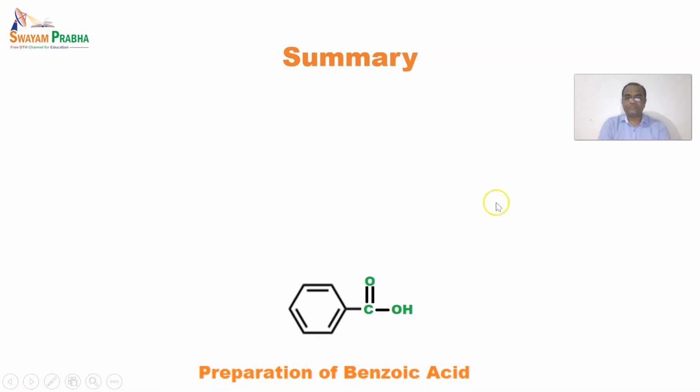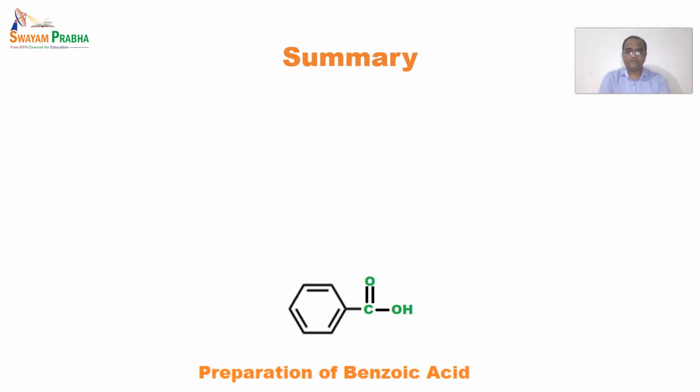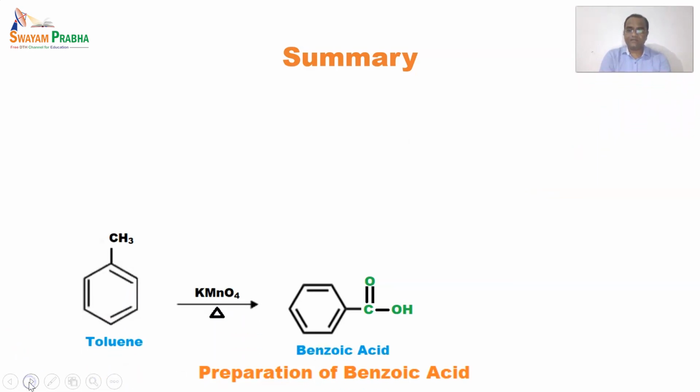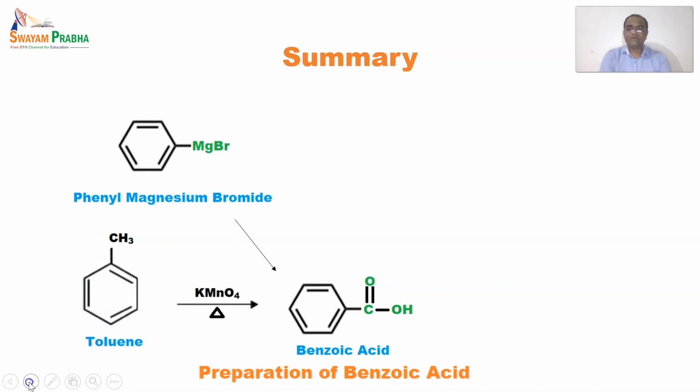After that, we have seen the preparation of benzoic acid. Firstly, benzoic acid can be prepared by oxidation of toluene, by heating toluene. After that, by using phenyl magnesium bromide in the presence of CO2.